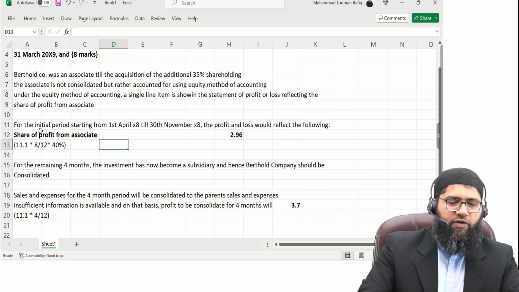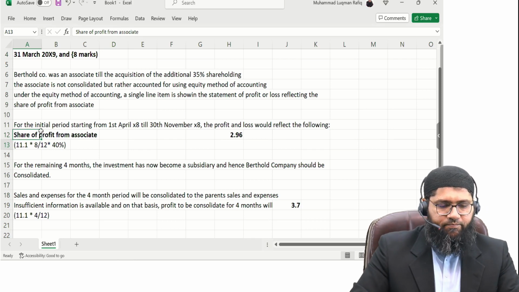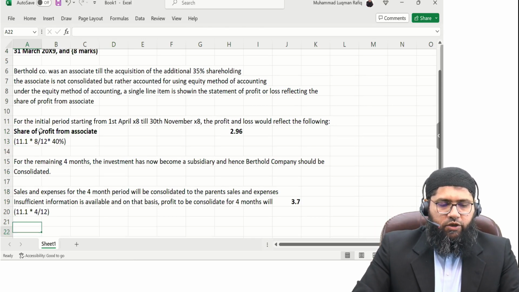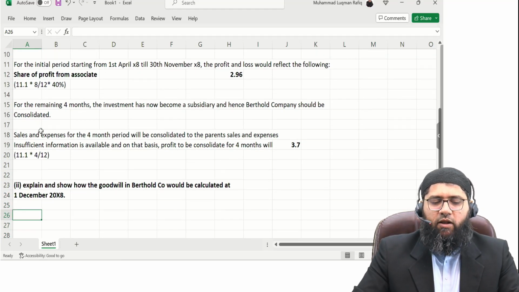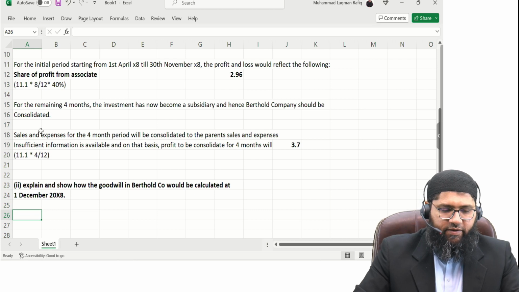Okay, now let's move a bit forward and discuss further. So basically now the second requirement is: explain and show how the goodwill in Birdhold would be calculated at 1st December 2008.